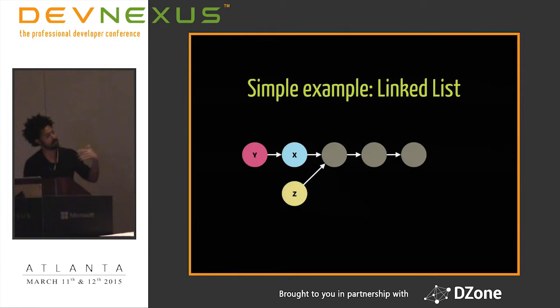I could take y and x off, and then I could cons, put on a new head, z, to that, and now I have 4 really distinct values that share more than 50% of their memory, right? They're sharing memory. So not only did I not have to mutate anything, I get all the benefits of having distinct values that I can use in my program, and it's actually memory efficient, right? There's more sharing going on here than is normal.